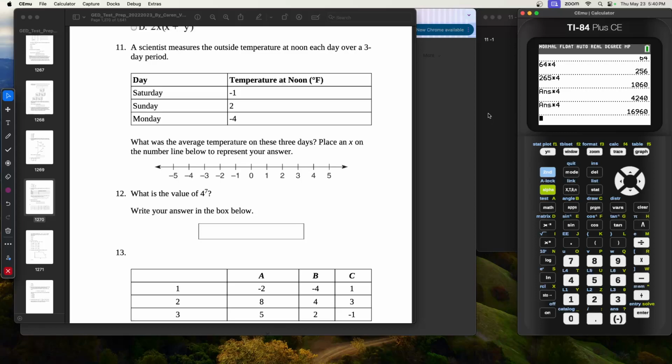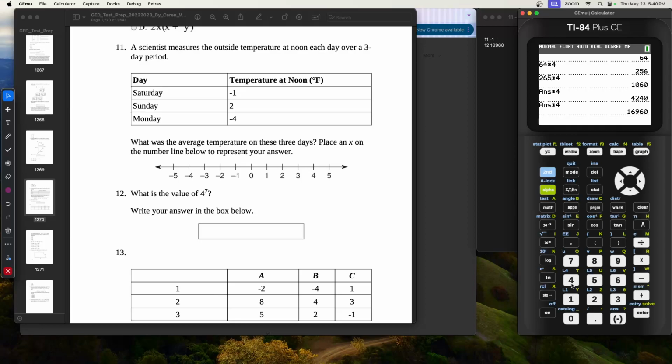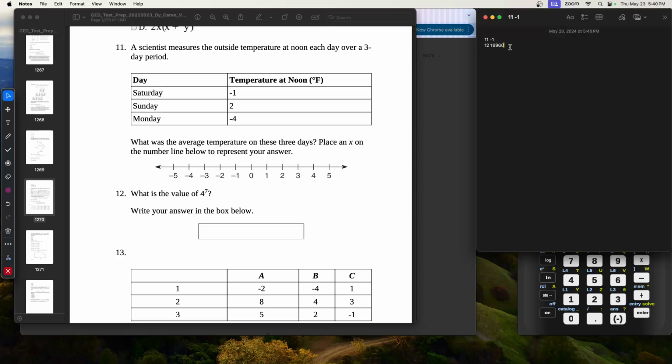That was pretty close. I said around 15,000. Definitely you can just do 4 carat 7. What? Why am I getting a different number? Did I make a typo?